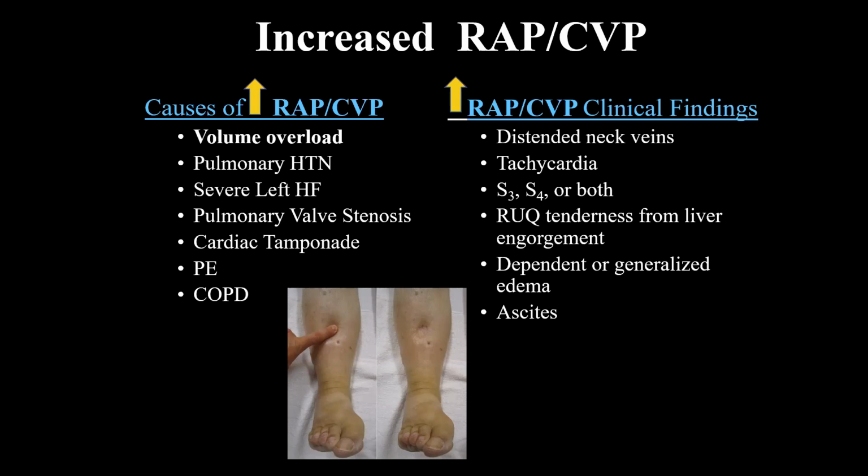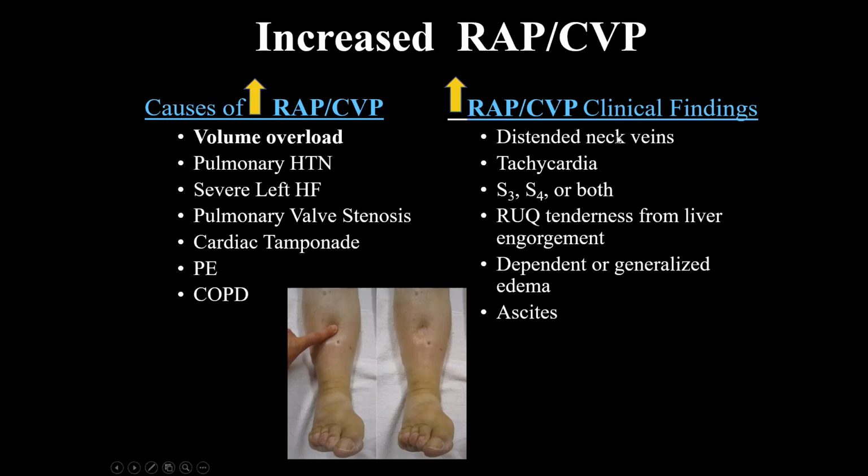The right side's going to fail as well. More often than not, I see a lot of right-sided heart failure with my COPDers because they have terribly high pulmonary artery pressures because they have damaged lungs from smoking. So you'll see an elevated CVP with COPD or pulmonary embolism because I have pressure within that pulmonary artery and it backs up to the right side of the heart.